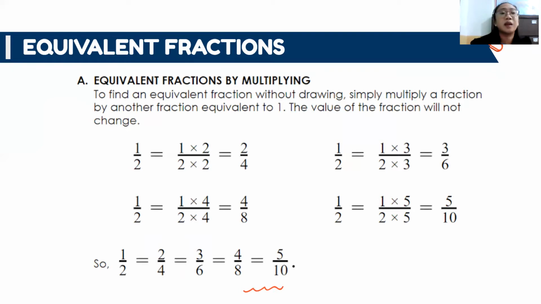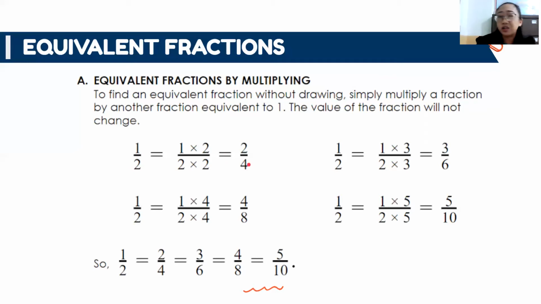The same thing applies to fractions. We have here 1/2, but what if I multiply 2 over 2 to 1/2? Remember, 2 over 2 is just 1. So if I multiply 1 to 1/2, I would get 1/2 also.